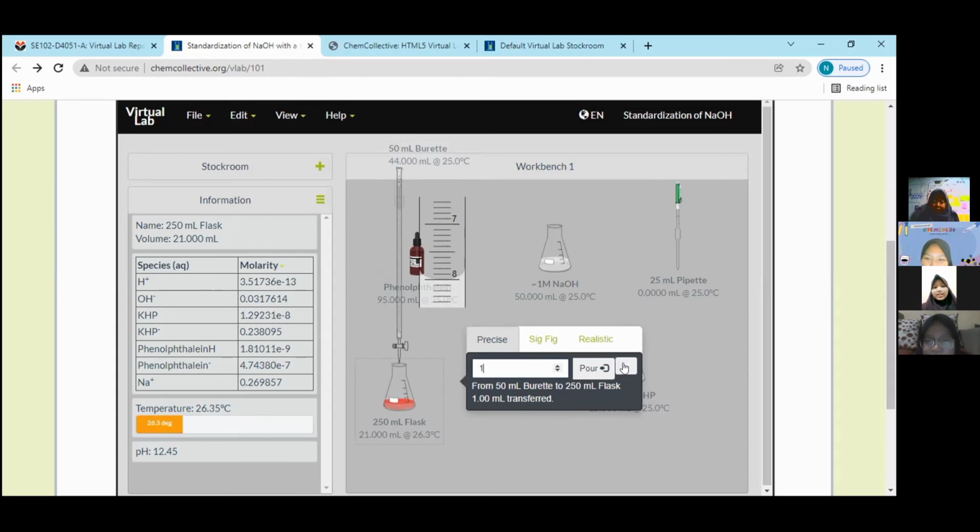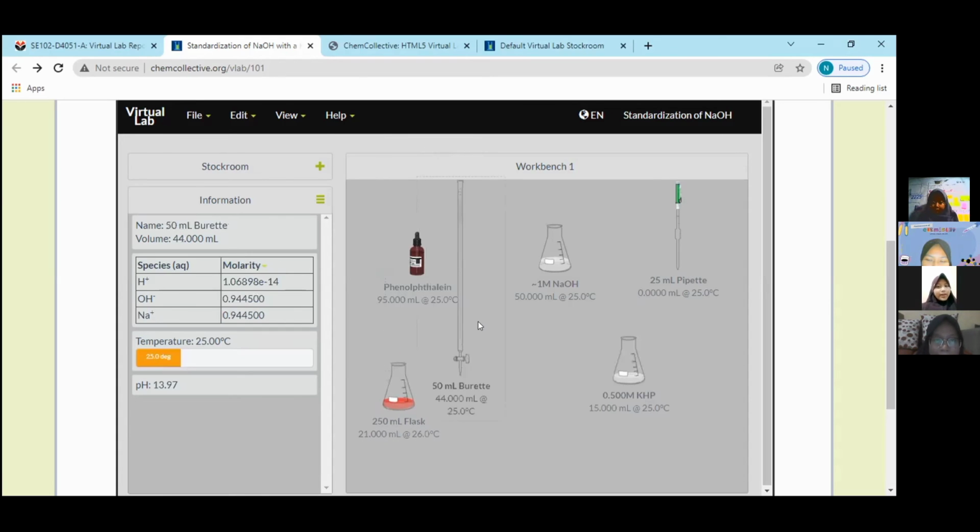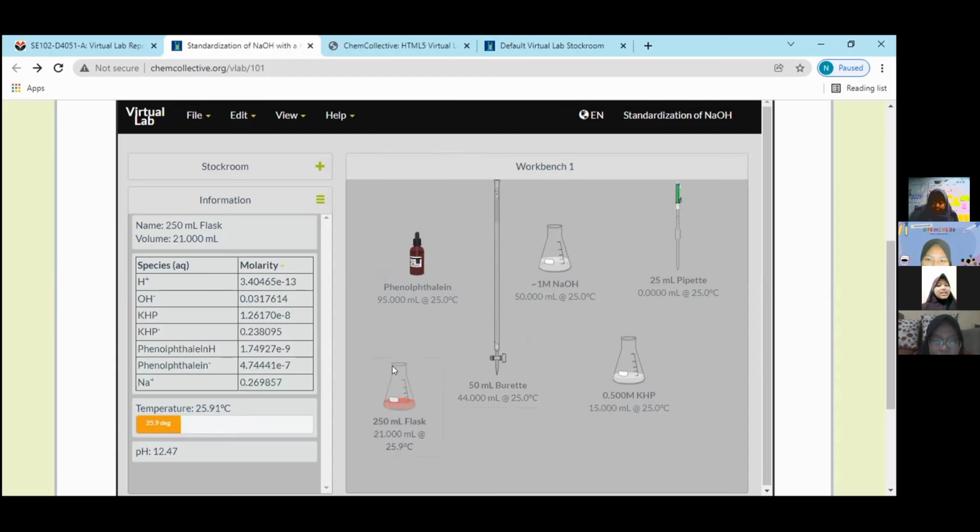We can see the color change. The last step is to analyze the difference in the volume of sodium hydroxide in the burette and write down the data. So that's the procedure of titration, and I will go back to Fani.